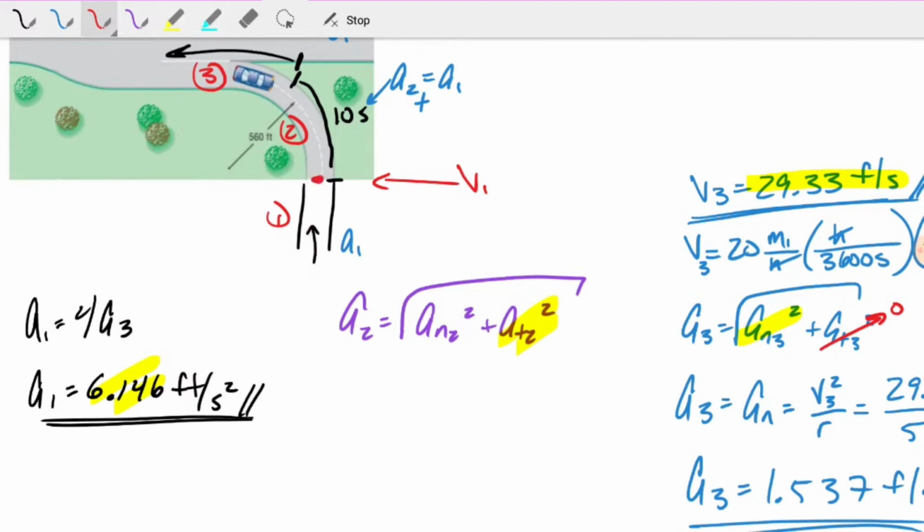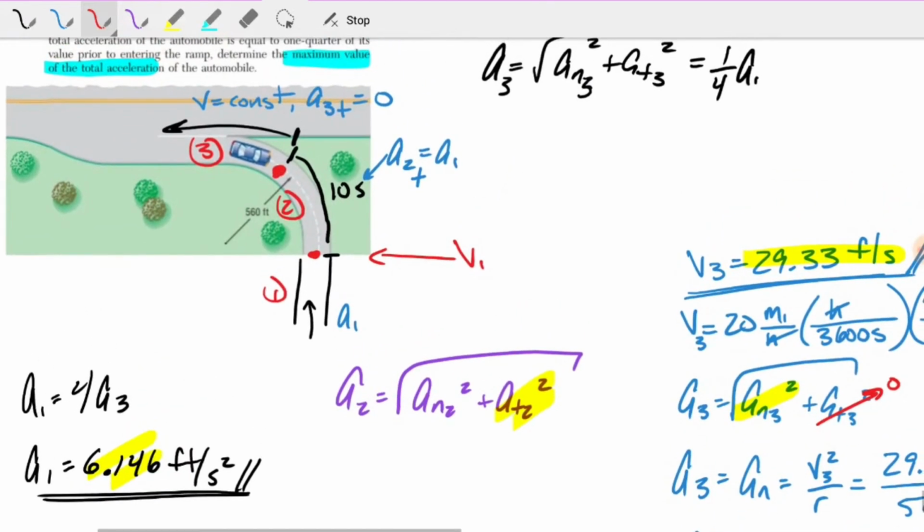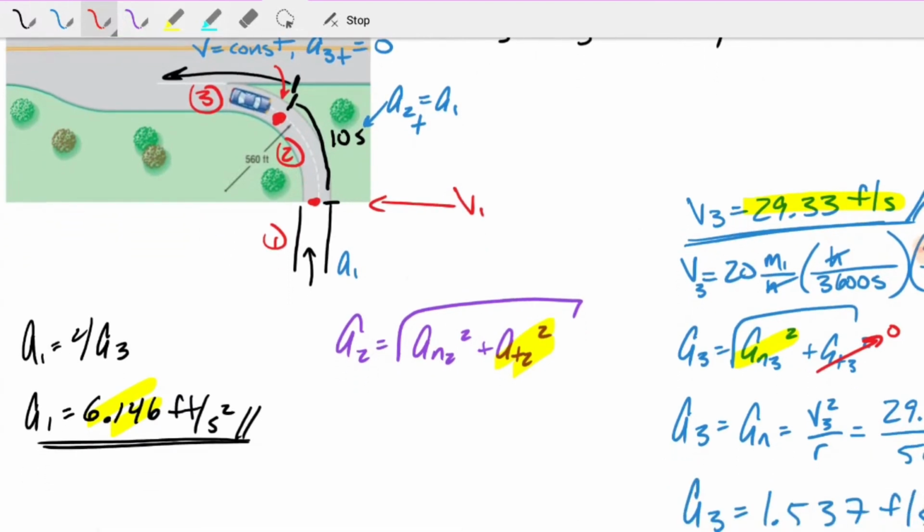So he's going to hit the 2 segment with V1. And then by the time he finishes the 2 segment, he's going to go this distance. And at this point, he's going to have this velocity, the 29.33. So he goes from V1 to V2. That's important, V1 to V2, but he's decelerating. So what that means is V1 is going to be bigger than V2.